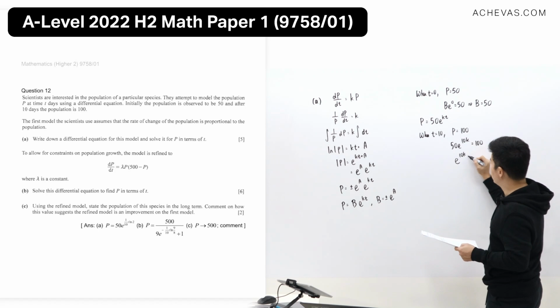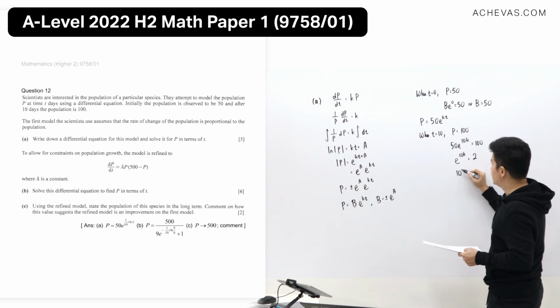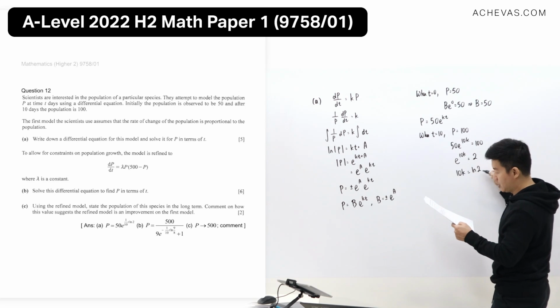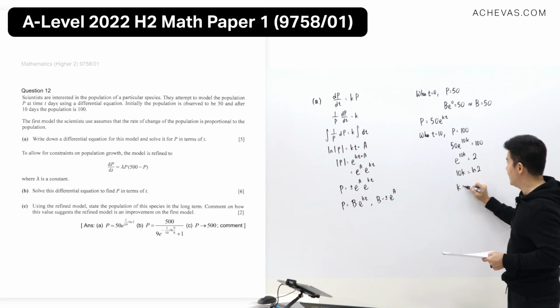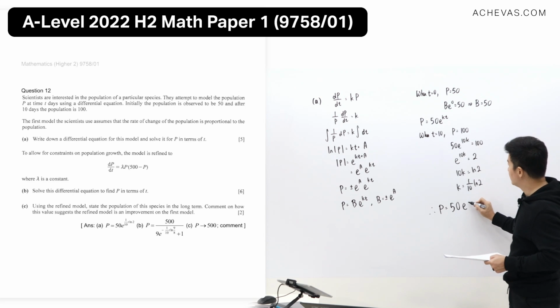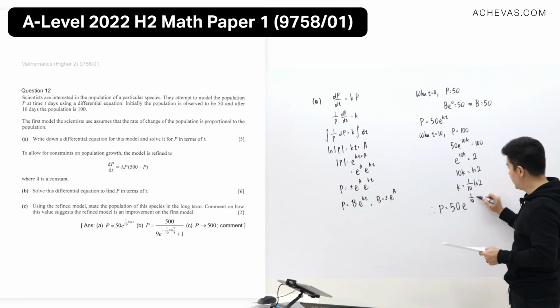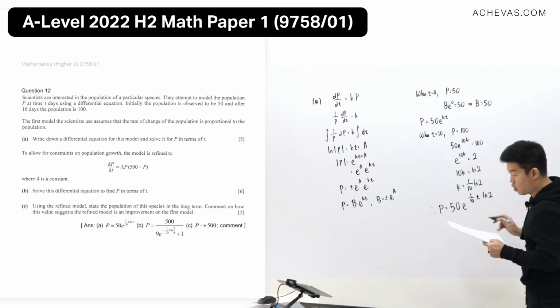So e to the power of 10k is going to be equal to 2. 10k is going to be equal to ln 2, which means that k is going to be equal to 1 over 10 ln 2. So we have p as 50 e to the power of kt, which is equal to 50 e to the power of 1 over 10 t ln 2.